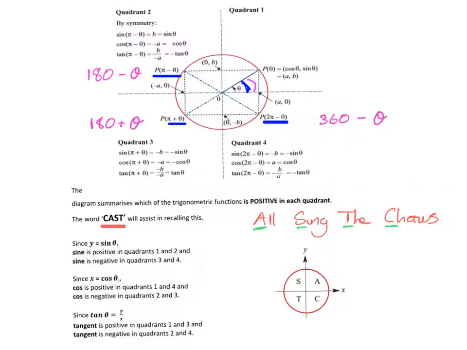So all in the first quadrant, sine in the second quadrant, tan in the third quadrant, and cosine in the fourth quadrant. So all are positive in the first, only sine is positive in the second, tan is positive in the third, cosine is positive in the fourth. All Sing the Chorus, or if you're starting from here, C-A-S-T, CAST.